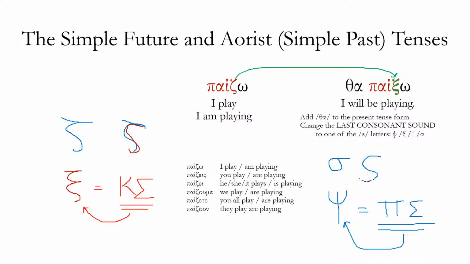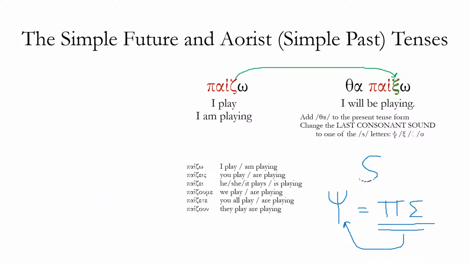The important thing here is that the S sounds are going to be used to help us make the simple future and the simple past. Now, I just told you about 4 of them, but there are only 3 that we need to worry about here. And you can see them over there on the right as I struggle to erase all of this stuff here.